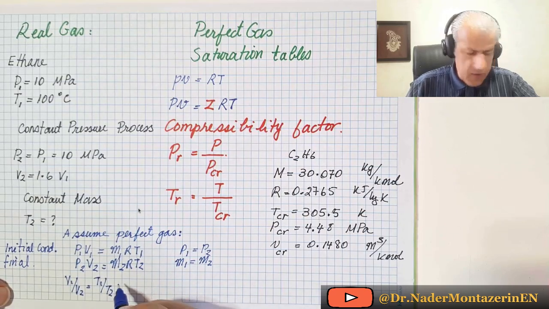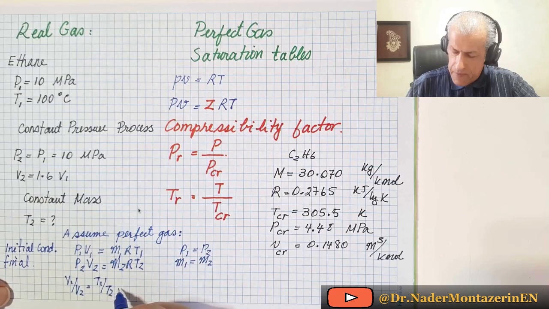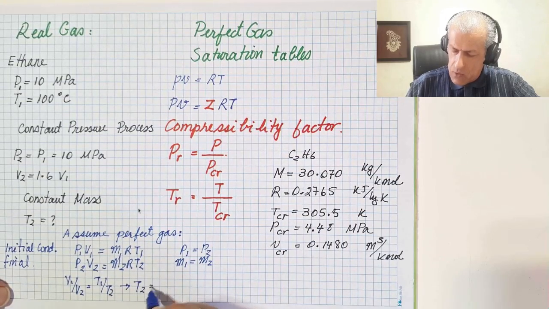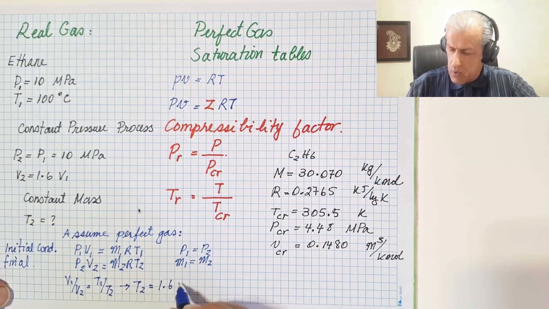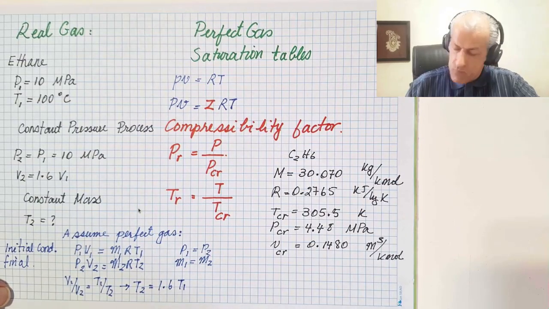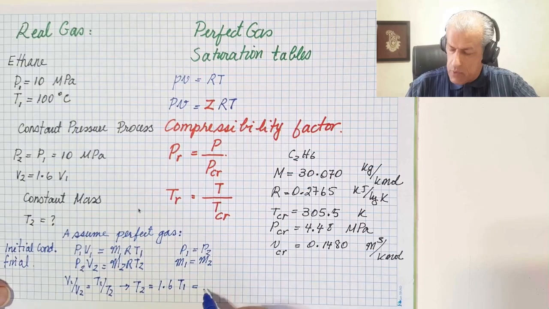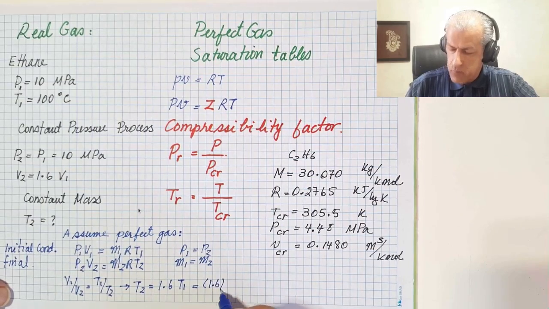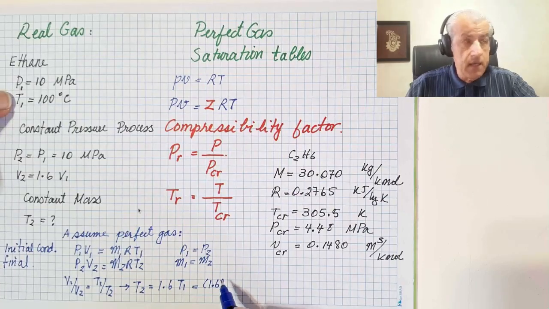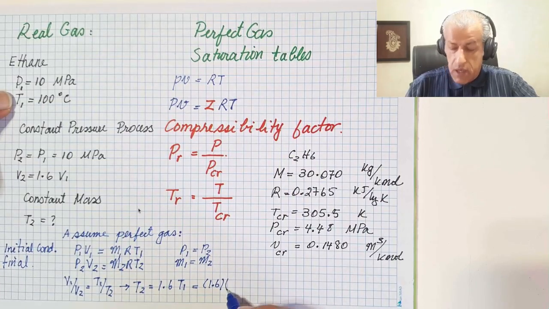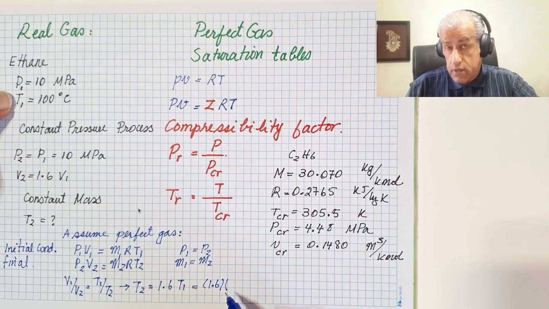And therefore, T2 would equal 1.6 times T1, which is 100 degrees C. We have to turn it into Kelvin, remember that.